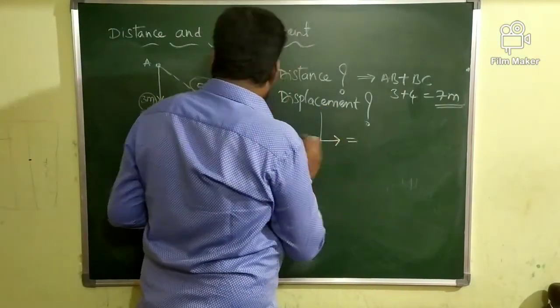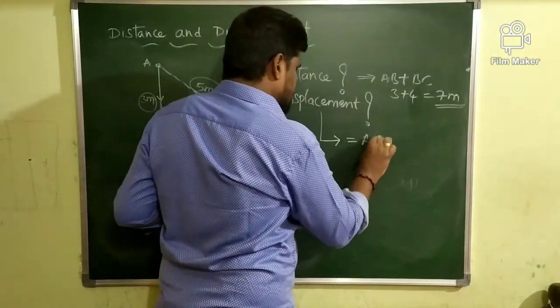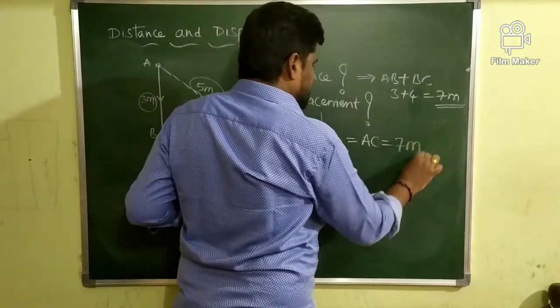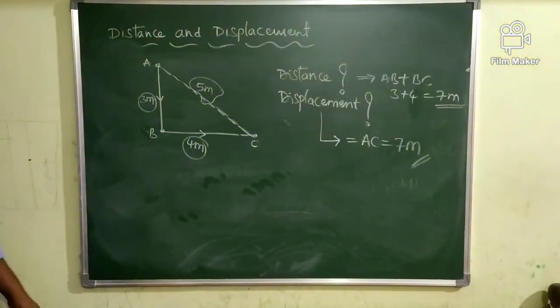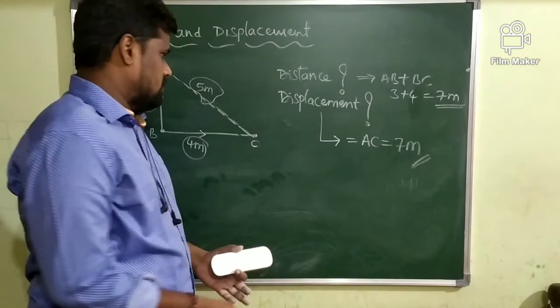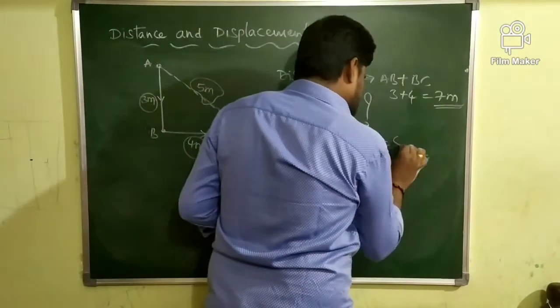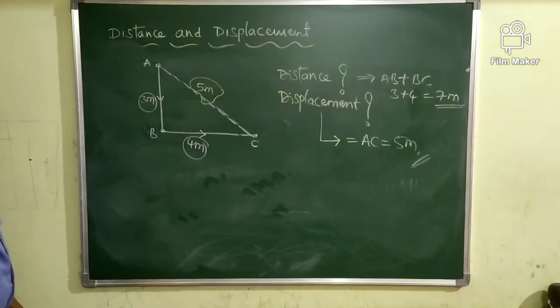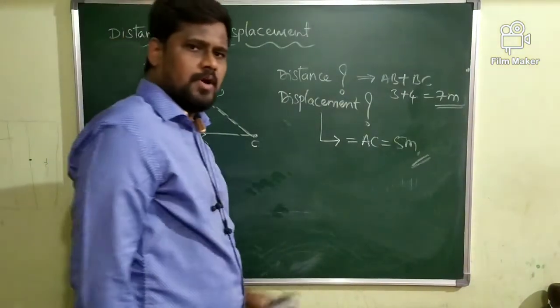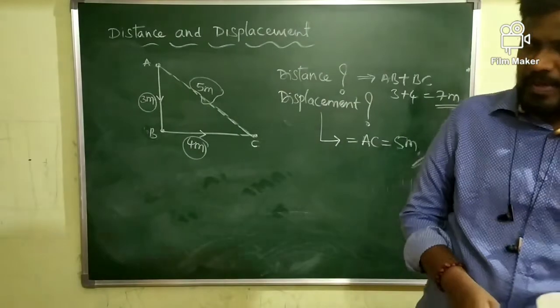Displacement equals AC. That AC is equal to 5 meter. In this example, distance traveled by the body is 7 meter and displacement is what? 5 meter. Got my point?